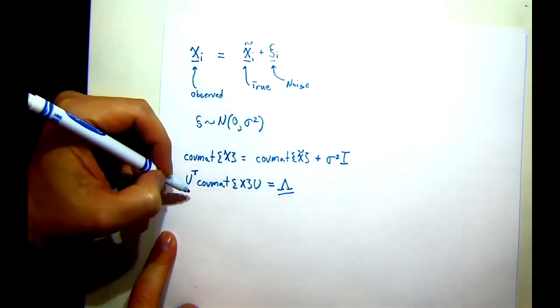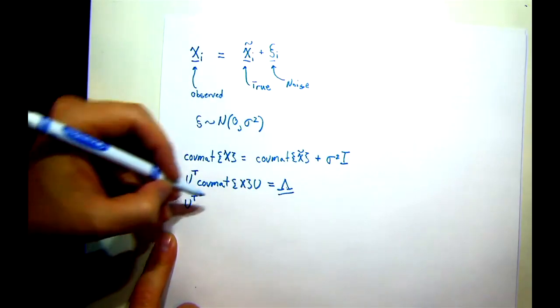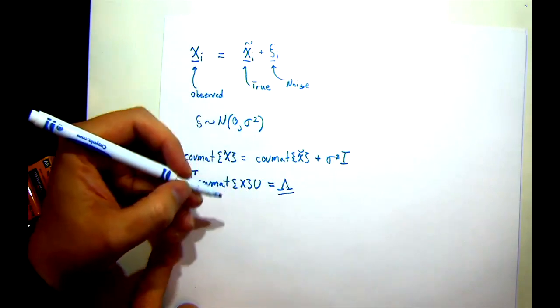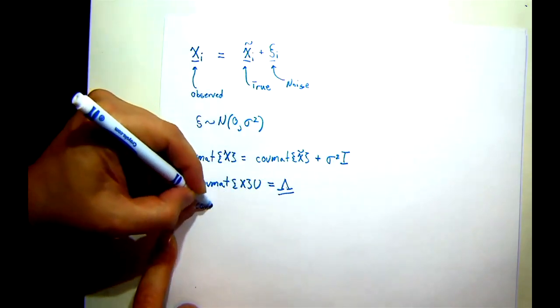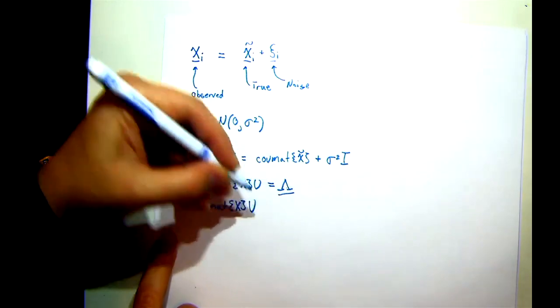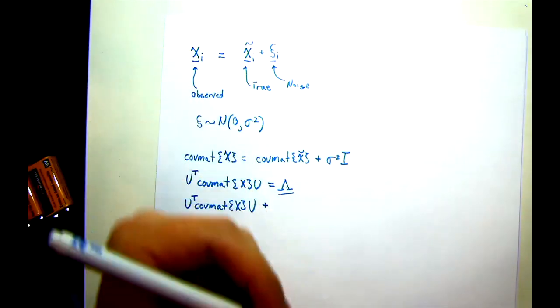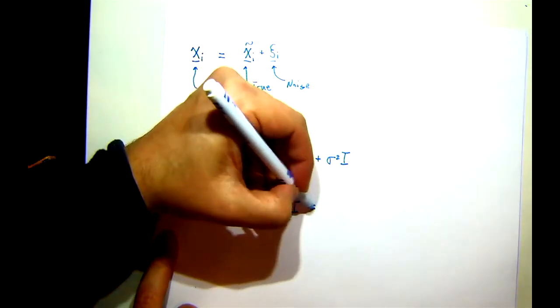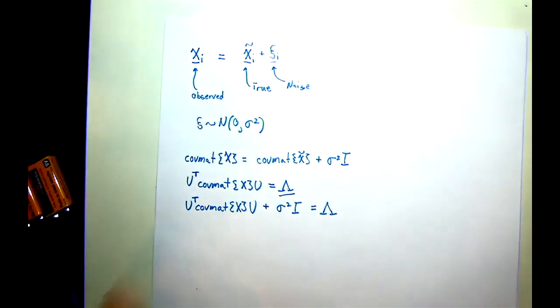So we can look at U, dropping this equation in right here. We end up with the covariance matrix of x tilde plus the noise equals lambda. Sorry, there's a tilde I missed.